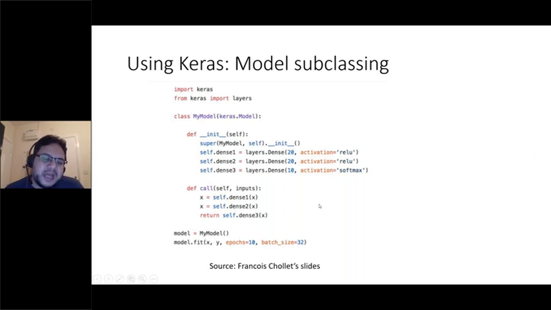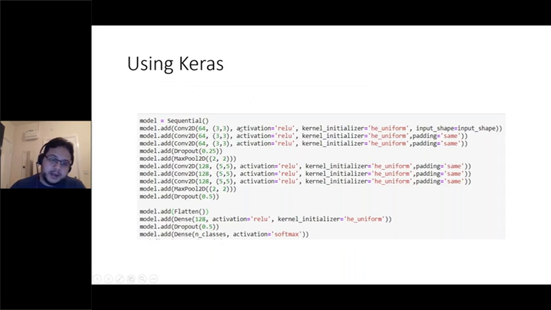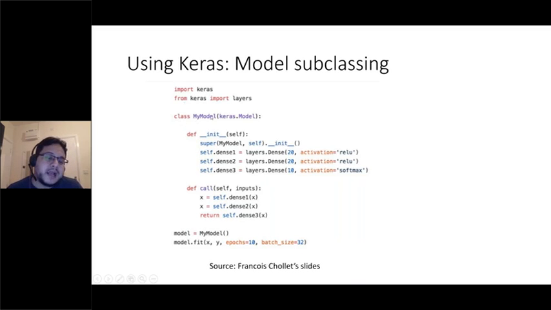There are also more advanced ways to use Keras. For example, you can subclass a model that you can inherit from, or you can create your own model as a class. Instead of here, where it's just an object that we are adding things onto, you can create a class that represents a model. Inside the init, we define the model. This is cleaner. Then in the call, we tell it how to compute things.